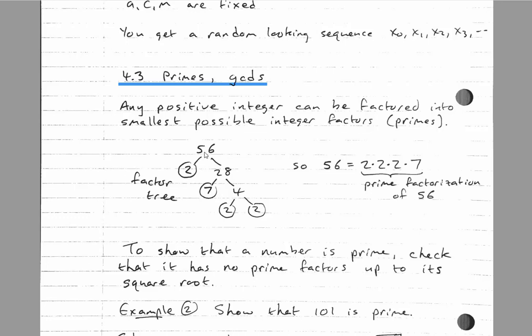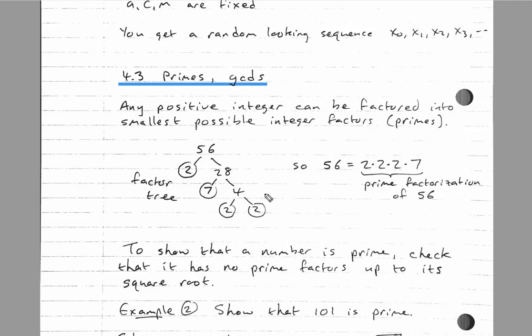Well, if you want to break up 56 into small factors, yeah, it's an even number, so you can break it up as 2 times 28. Circle 2, that's a prime, that doesn't have any smaller factors. But 28's not prime, it does factor, say, 7 times 4, and 4 is 2 times 2.